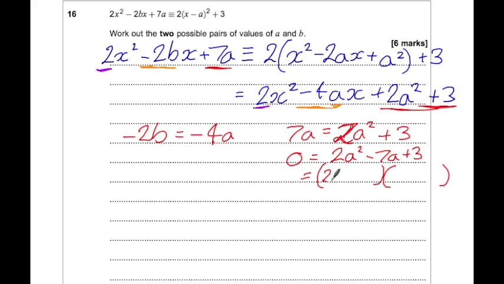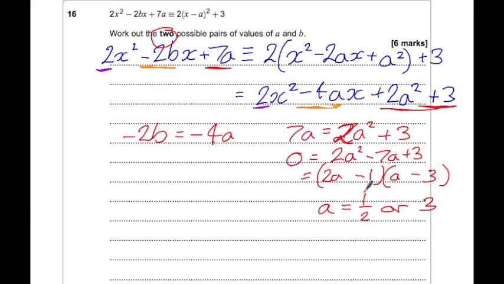So we're going to have 2a and a. And then we know this has got to be a 1 and a 3 or a minus 1 and a minus 3. Now I reckon it's going to be a minus because we need a minus there. So if we put a minus 3 here and a minus 1 here, we'll have 2a squared minus 6a minus 1a plus 3. So either a equals a half or 3. This is why it says two possible pairs of values.